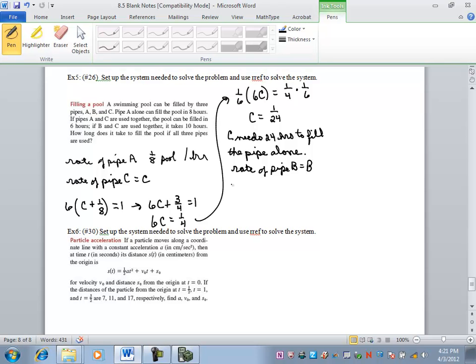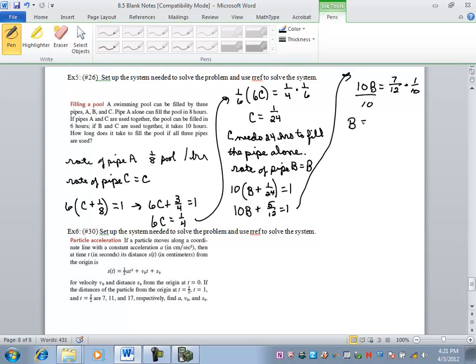And so in 10 hours, we're going to take the rate of pipe B, we're going to add it to the rate of pipe C, and that'll get the swimming pool full. 10b plus 5/12 equals 1. And so 10b equals 7/12, and we divide both sides by 10. b equals 7/120.